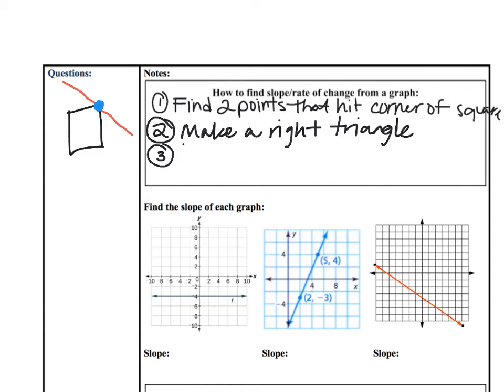You write it as a fraction: vertical change, big fraction bar, over the horizontal change.